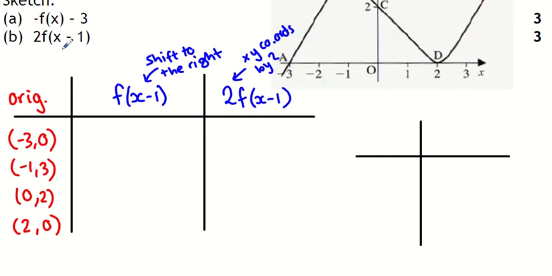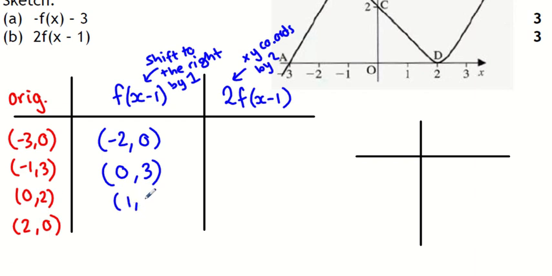So if you're shifting the graph to the right by 1, then you're going to be adding 1 to all of your x values. So looking at the -3, add 1, you get -2. -1, add 1, you get 0. 0 plus 1, you get 1. 2 plus 1, 3.